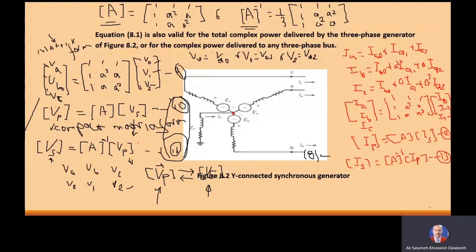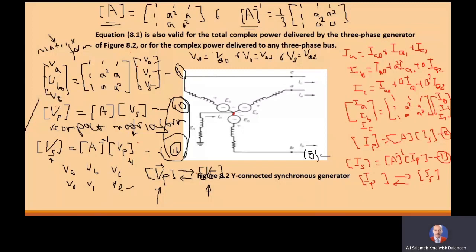So we have also two more equations, equation number 12 and equation number 13, that enable us to convert the phase quantities to sequence quantities, or vice versa, to convert the sequence quantities to phase quantities.